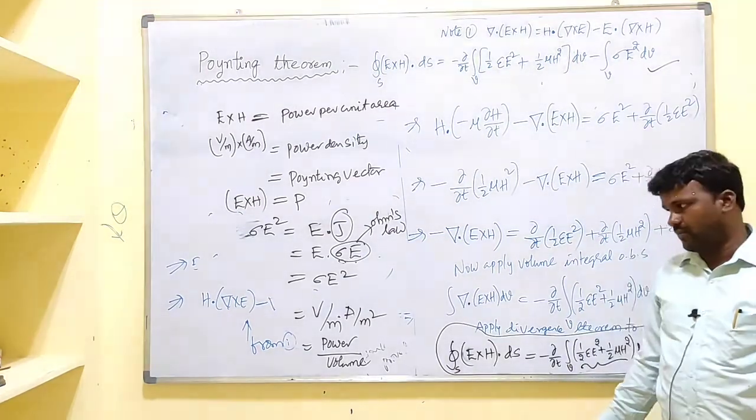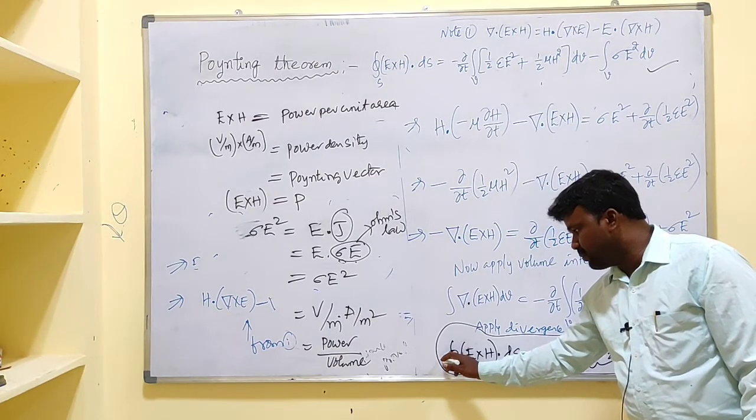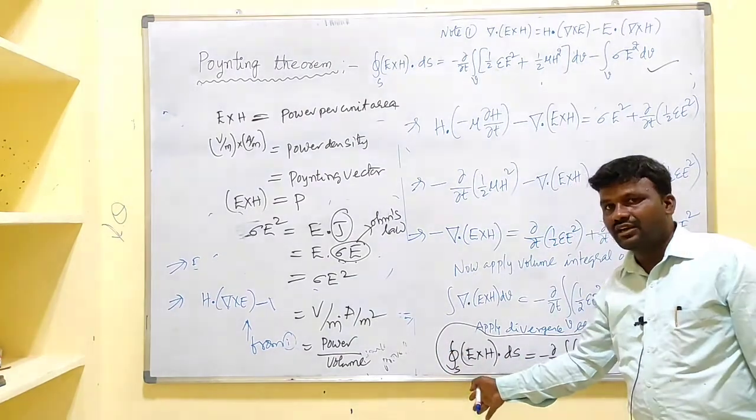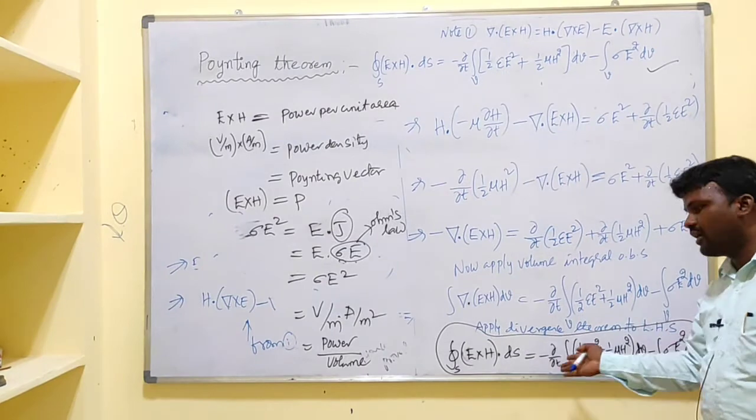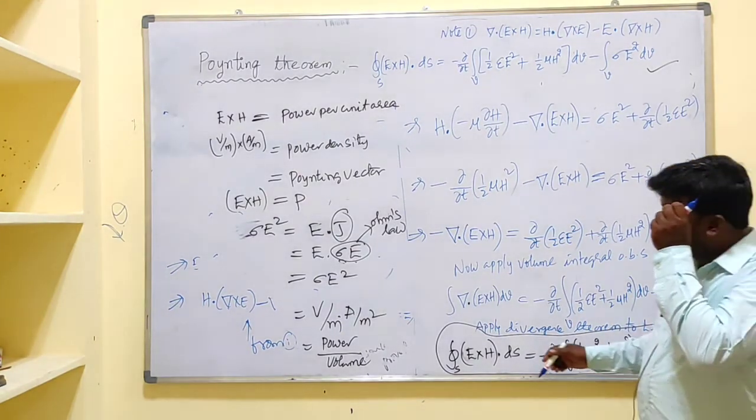Net outward power flow. So inward power flow means, if I put a minus sign here, that indicates inward power flow, whereas this one is the outward power flow.